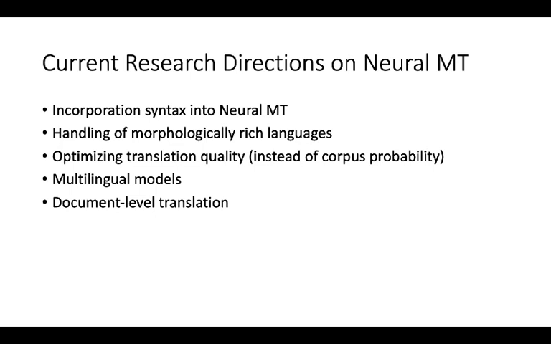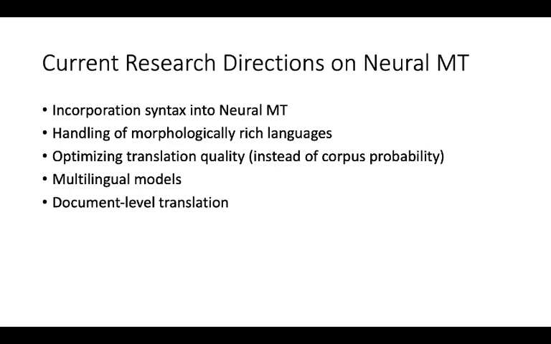And the future direction of neural MT is that we can incorporate the syntax information from SMT into the neural model. How can we handle morphologically rich languages? Because we want to represent words as vectors. If the language is morphologically rich, there are lots of morphological variants, but we want to represent those words with very similar word embeddings.